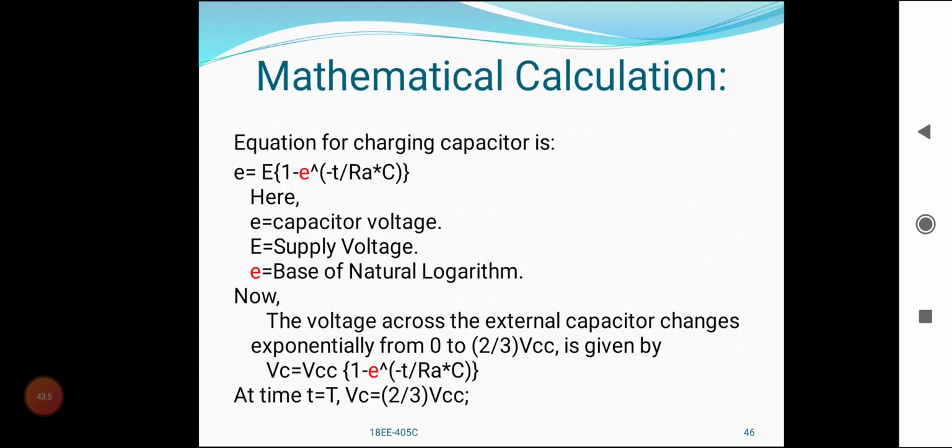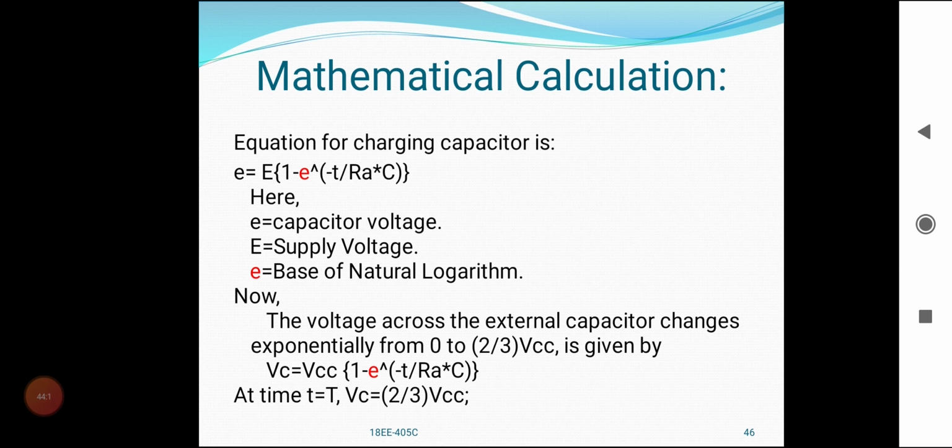The mathematical calculation we can see in the slide. The equation for charging of the capacitor is e = E(1 - e^(-t/RC)).